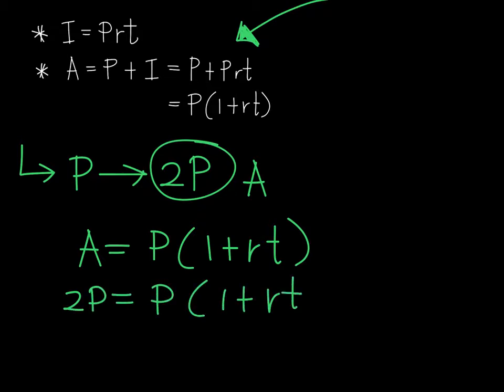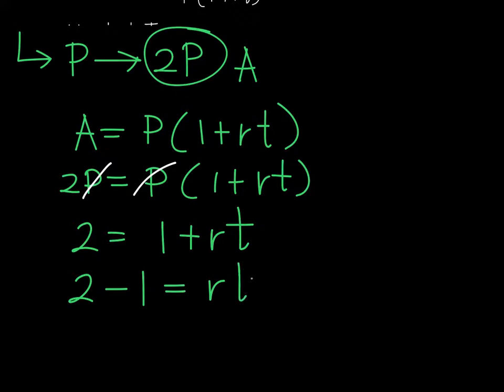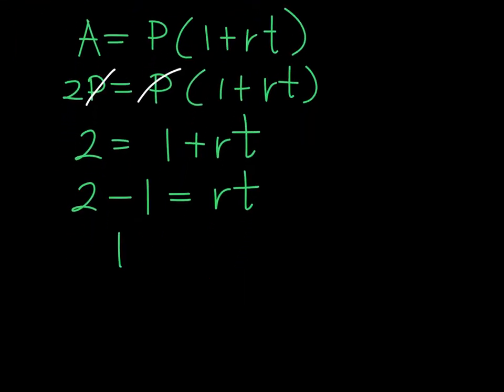Immediately you will see that the P cancels with the other P, and the equation becomes 2 equals 1 plus RT. Continuing, 2 minus 1 equals RT, so 1 equals R times T.